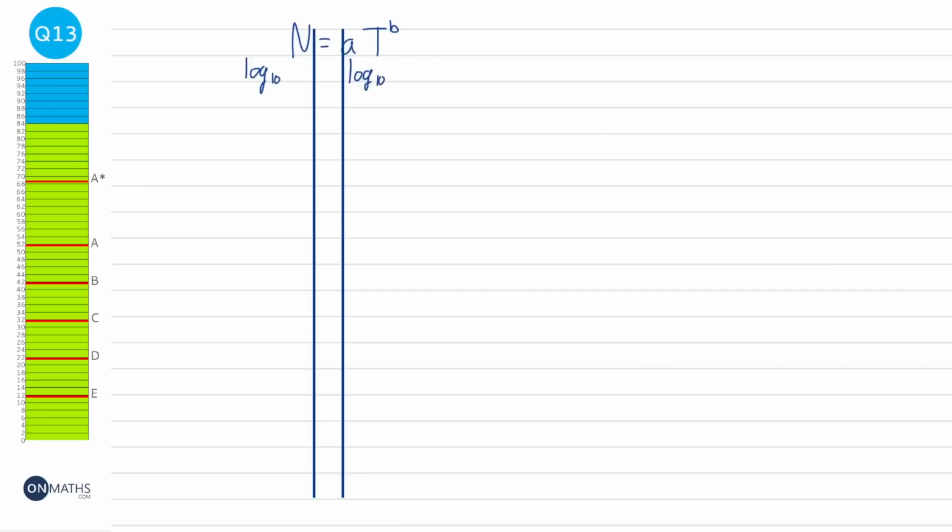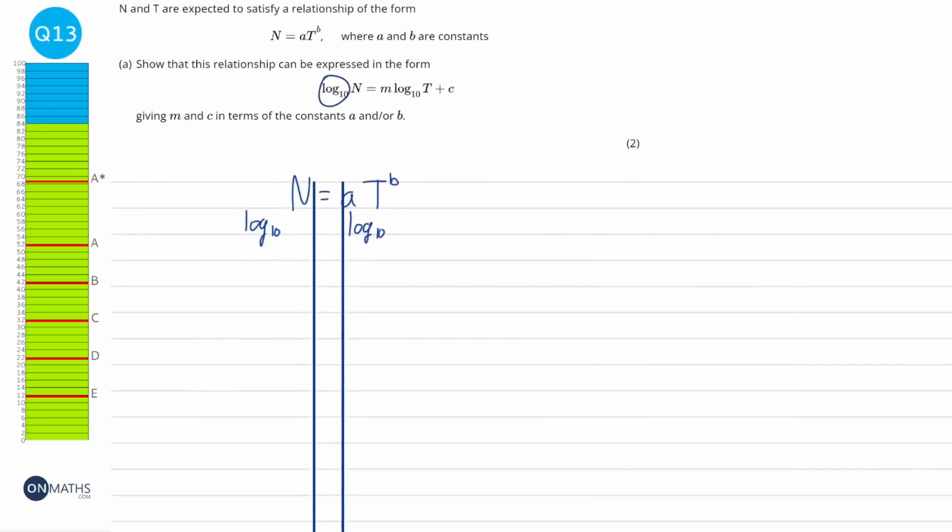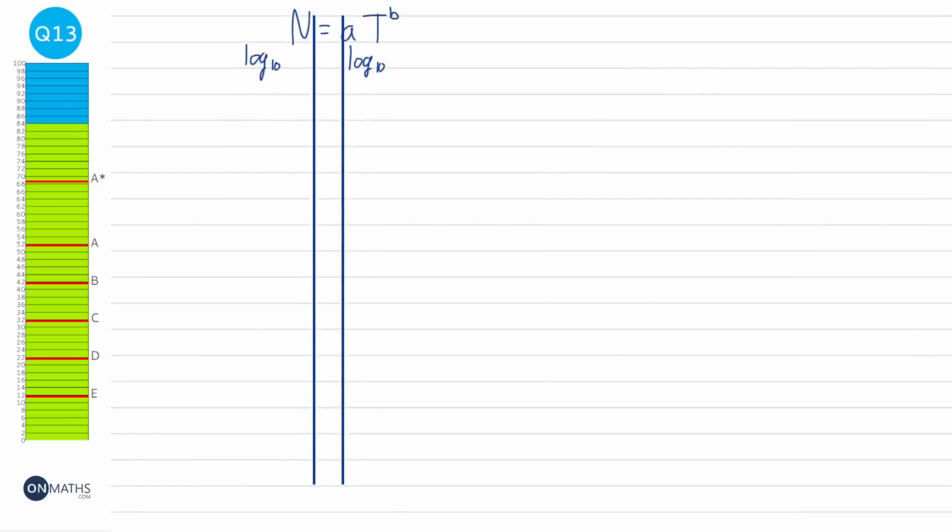And the reason I've done that is because we can see that we've got log 10 in where we're trying to go. So we're going to have log base 10 n, don't need a bracket, and then we've got log base 10 of a t to the power of b.